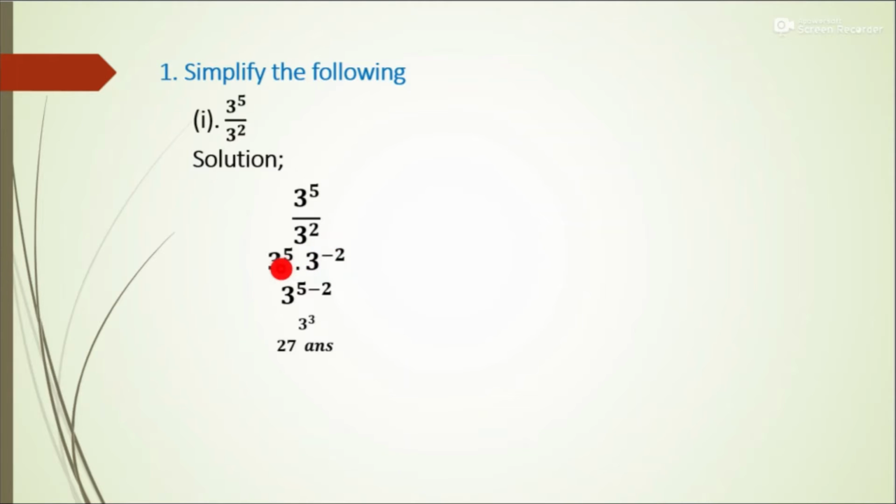Now the bases are the same, 3 and 3. We can add 5 and minus 2, and 5 minus 2 gives power 3. When we multiply 3 three times, it is equal to 27. This is called the simplification of this number. I will write this number out: 3 multiplied by 3 multiplied by 3.